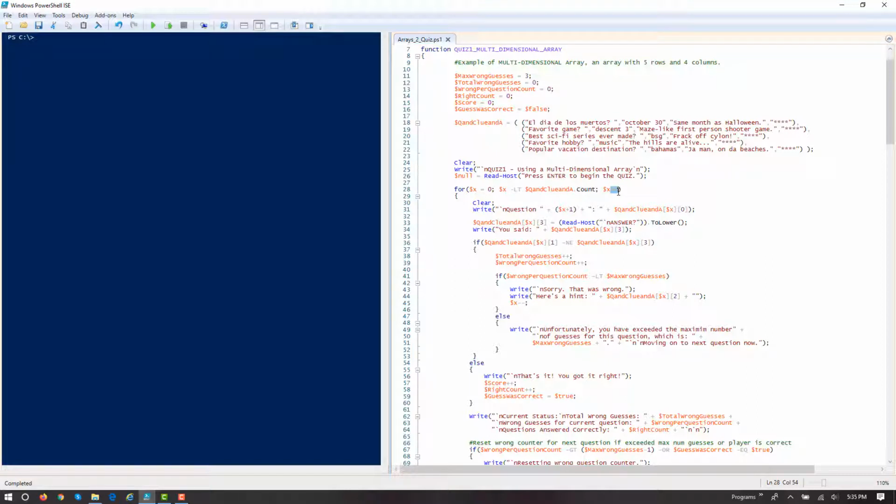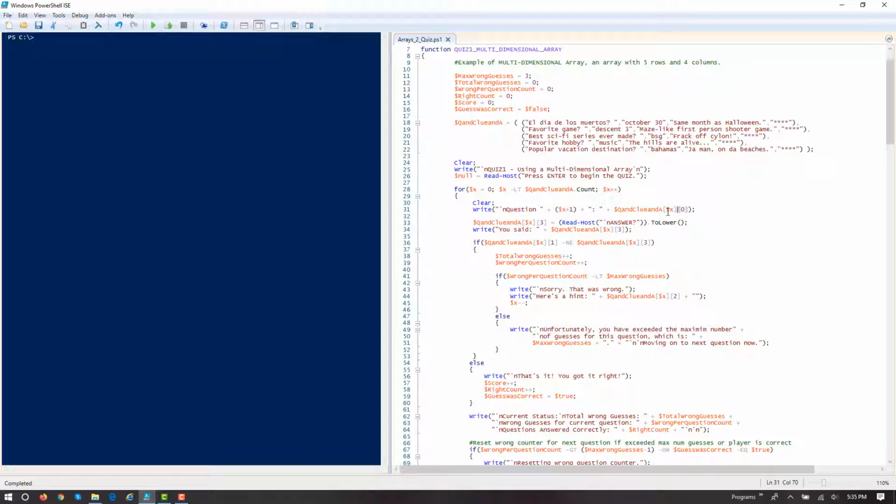But rather than counting 1, 2, 3, 4, 5, remember that off by 1 with arrays, it's going to count 0, 1, 2, 3, 4, okay? Now to make it more user-friendly, we'll add a 1 to our x, so that way it'll say question 1, 2, 3, 4, 5 instead of 0, 1, 2, 3, 4.